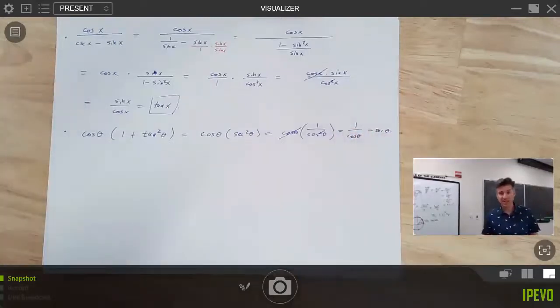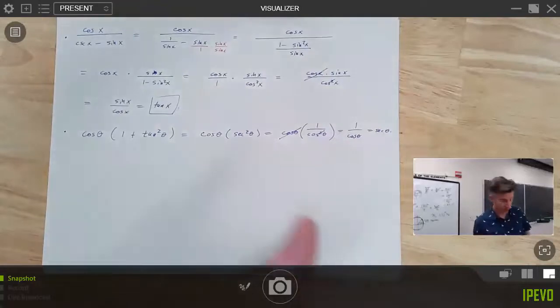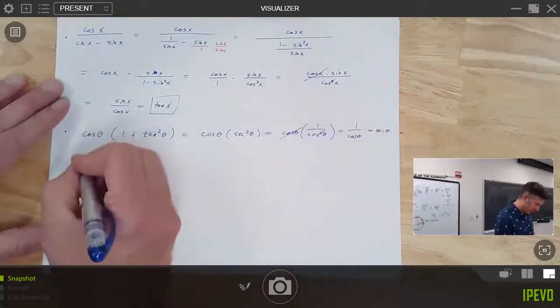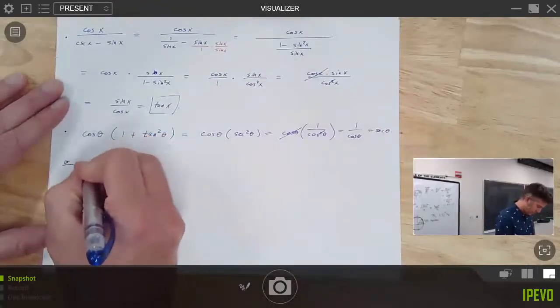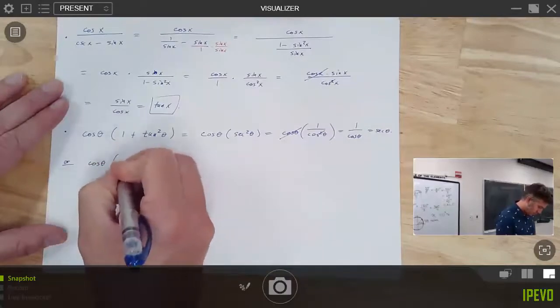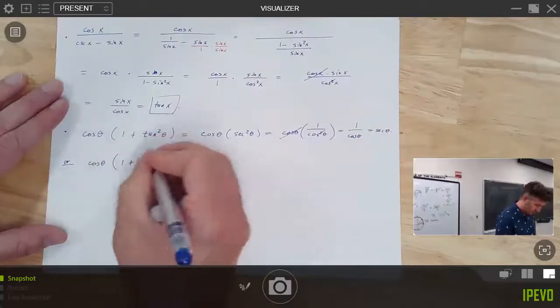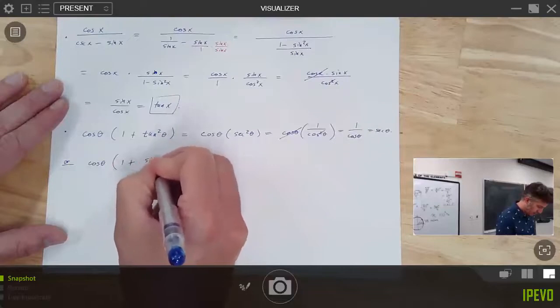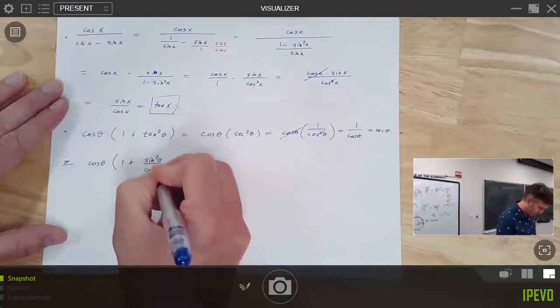Well, let's pretend maybe we didn't see that 1 plus tangent squared was secant squared, or we forgot. You could also rewrite tangent squared as sine squared theta over cosine squared theta.